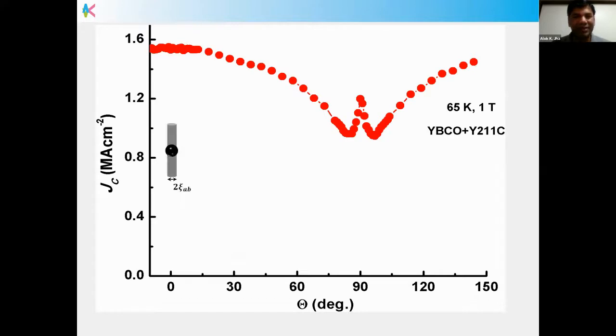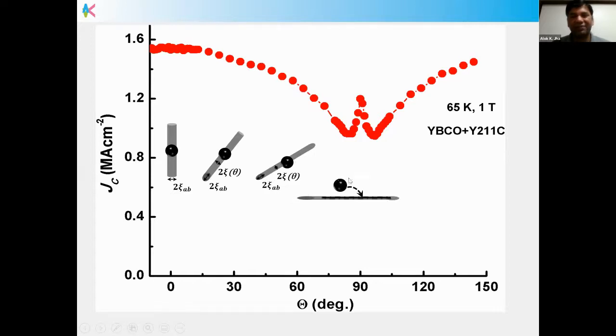So when the field is along the C-axis, the interaction volume of the vortex and the nanoparticle is larger, so we have large critical current density. But once the inclination changes, then we have the interaction volume reduced and further reduced, and finally the vortex shifts from the nanoparticles to the planar defects.